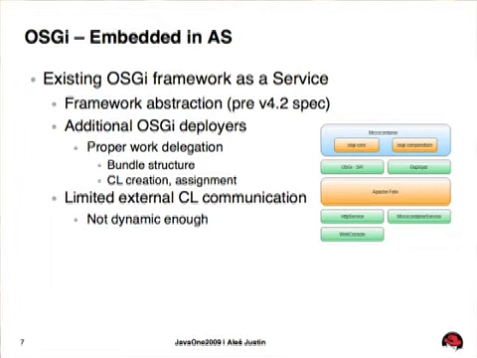What we added on top of it is a framework abstraction, just to be able to talk to different existing OSGi frameworks. The OSGi spec 4.2 is going to have a proper framework abstraction, so you don't need to use your own, like in the case we did. But since we want to support previous specs, we need to implement that on our own.